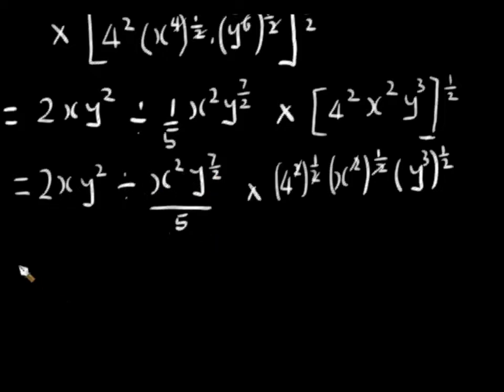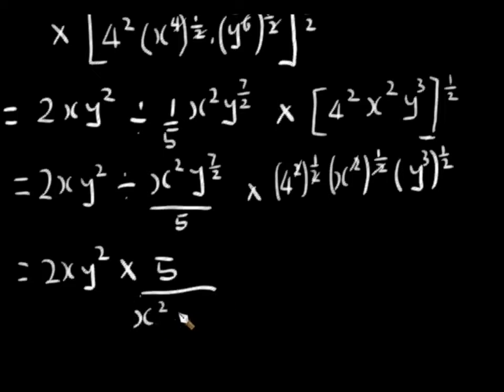So this becomes 2xy square multiplied by, as I'm converting this sign to a multiplication sign, I'm going to invert this fraction here, 5 divided by x square y raised to power 7 over 2. Here we are left with 4, then x, 4x, y.